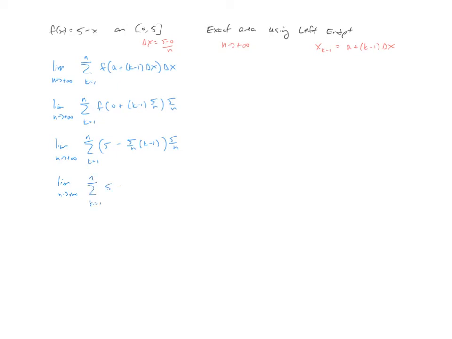I've got a 5 minus 5k over n plus 5 over n times 5 over n. And now for the final distribution here, we have 25 over n minus 25k over n squared plus 25 over n squared.